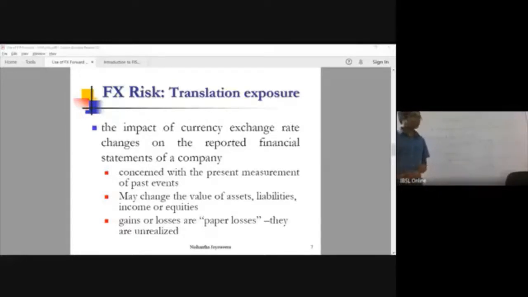There are different ways of translating foreign currency exposures into domestic currency. Whatever method you use, you will get the exposure. That is what we call translation risk.